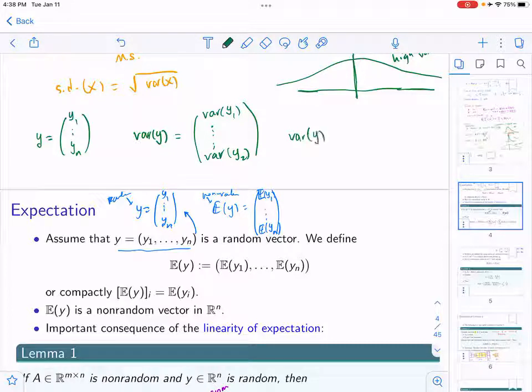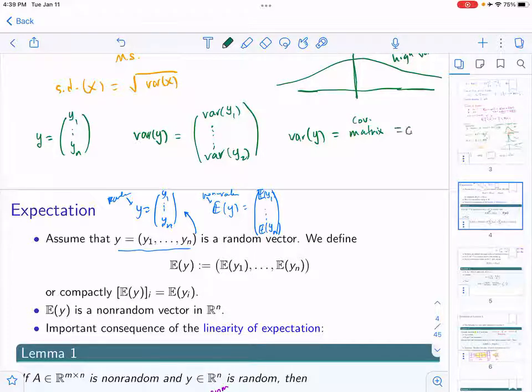So although y is a vector, let this be a matrix that tells you also about the covariation of the elements. So not only how much y is spread out, but how the elements of y covary. And that gets you the idea of the covariance matrix.